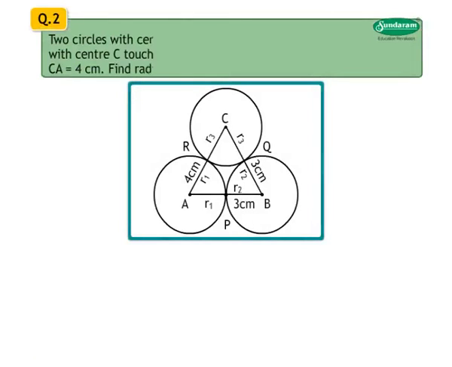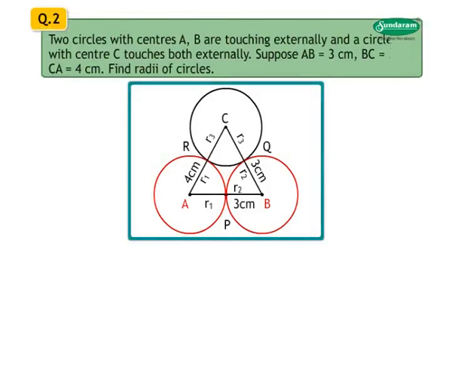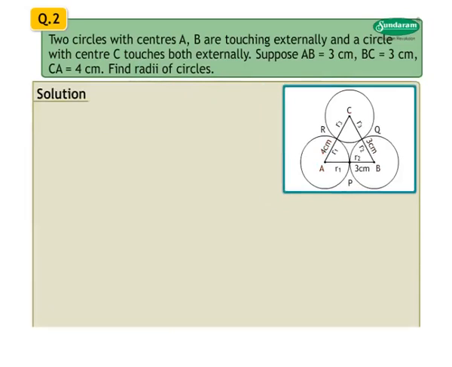Number 2. Two circles with centers A and B are touching externally and a circle with center C touches both externally. Suppose AB is equal to 3 centimeters, BC is equal to 3 centimeters and CA is equal to 4 centimeters. Find radii of circles. Solution.